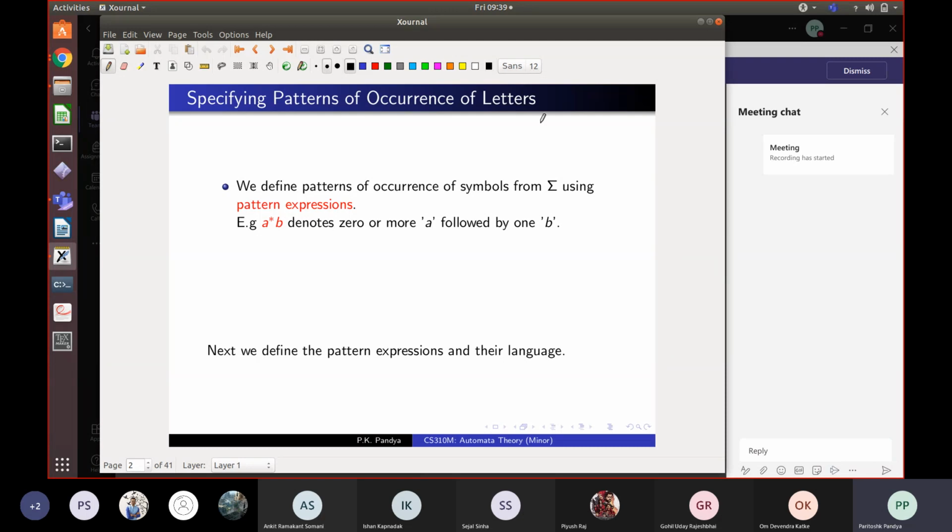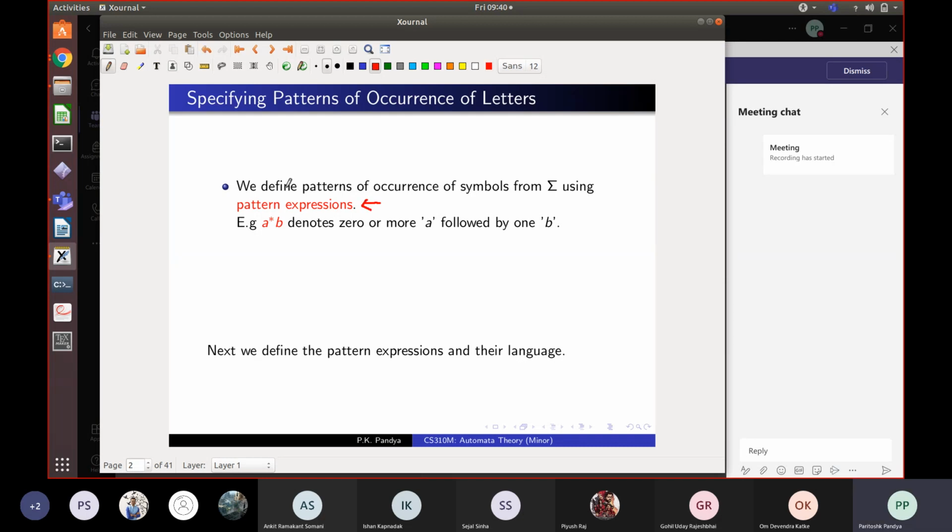We want to specify what is a syntactically correct program, or what is a noun, what is a sentence in the English language. We saw some patterns that occur in defining sentences. So we want to specify patterns of occurrences of letters, right? And in order to do that, we define something called pattern expressions.